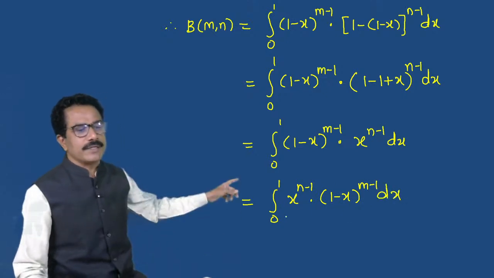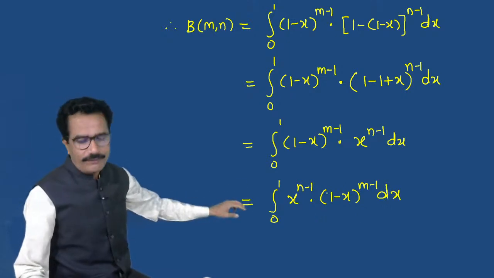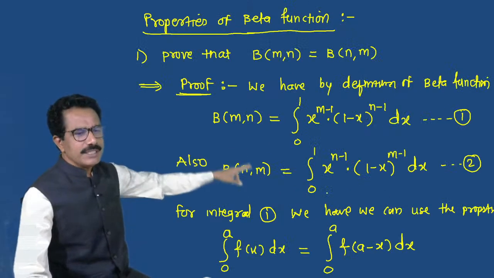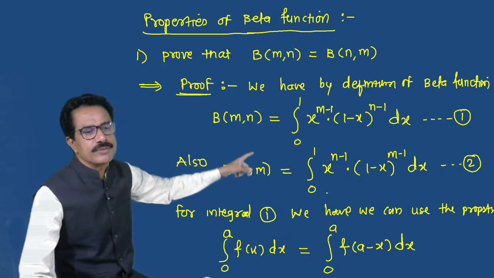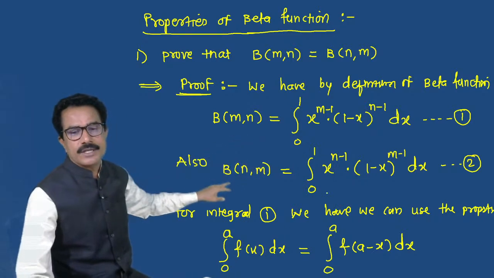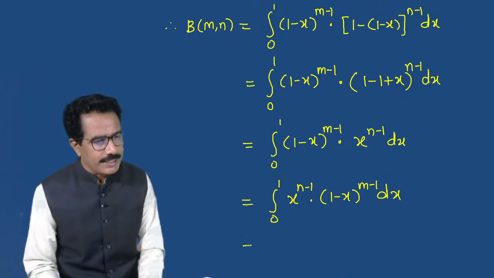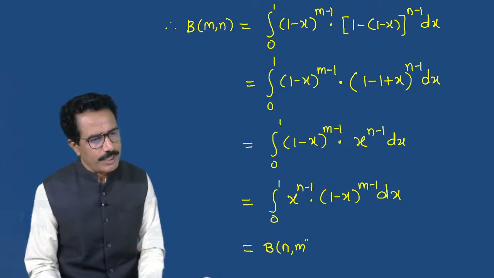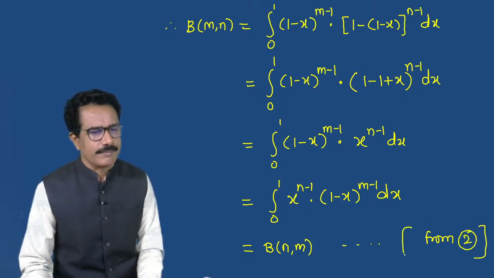But according to the definition of the beta function, or by using the equation second, integral from 0 to 1 x raised to n minus 1 into (1 minus x) raised to m minus 1 dx, we can write beta of n comma m, from equation second.